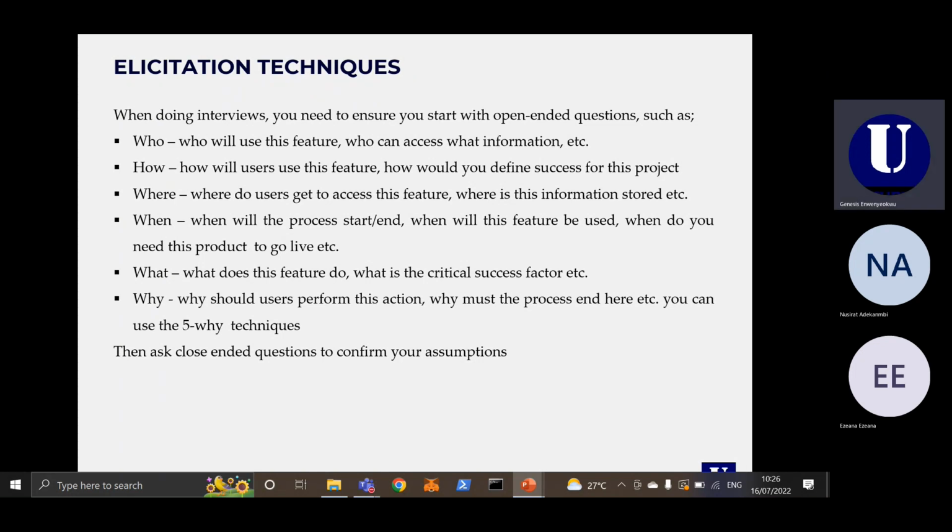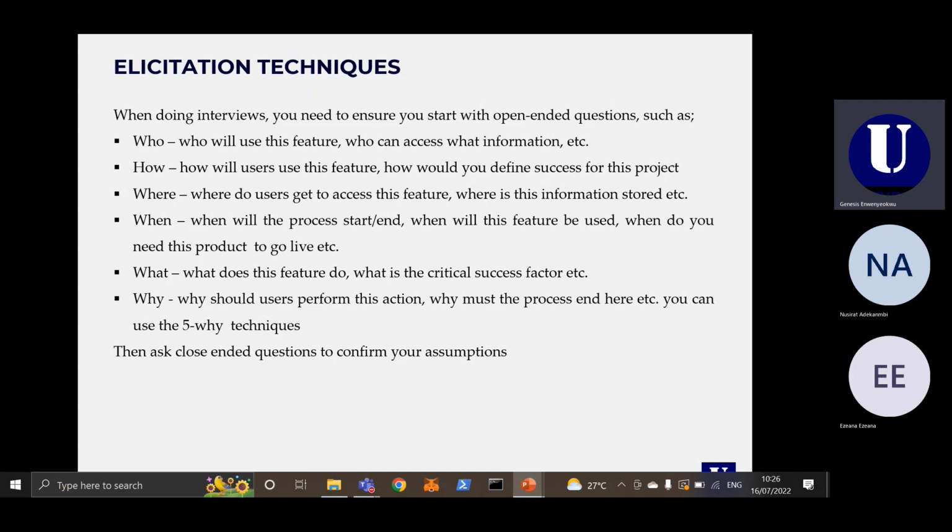And by the time you finish with your open-ended questions, you can then wrap up or summarize with close-ended questions. Close-ended questions are questions that require the responder, or the person you're interviewing, to respond with yes or no, true or false. So let me say, for instance, I ask my open-ended question.